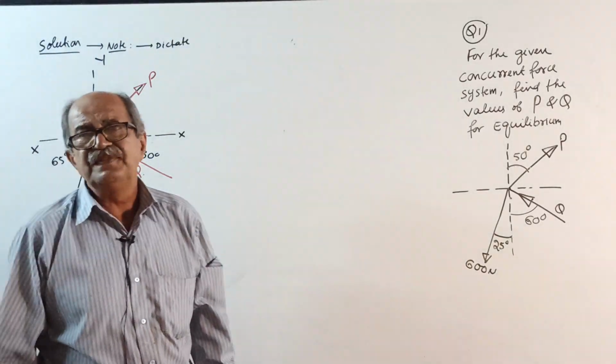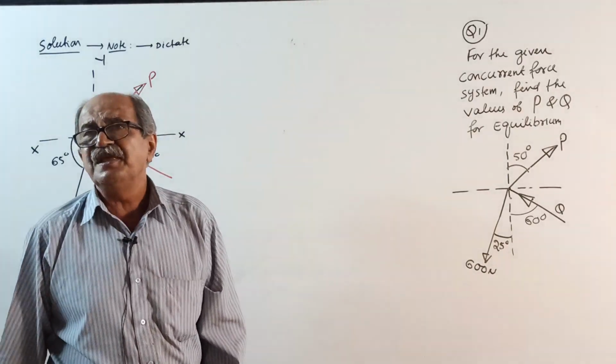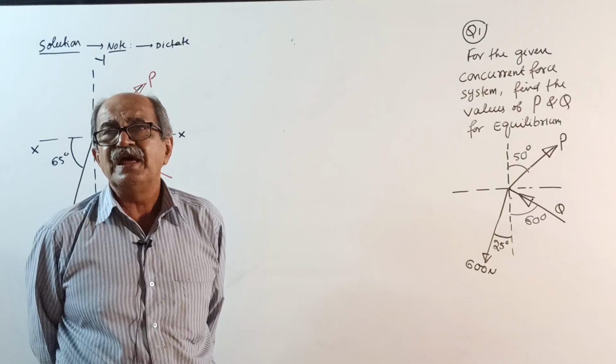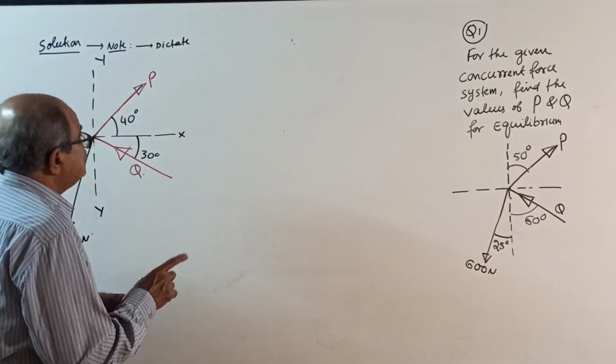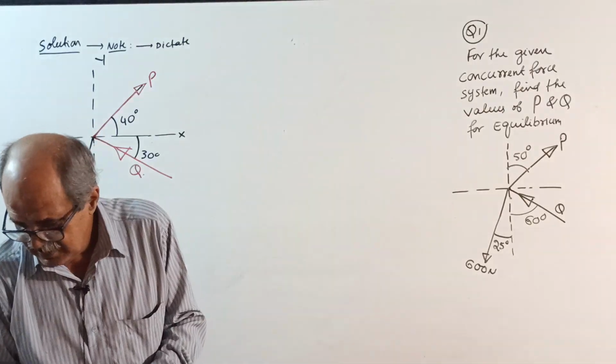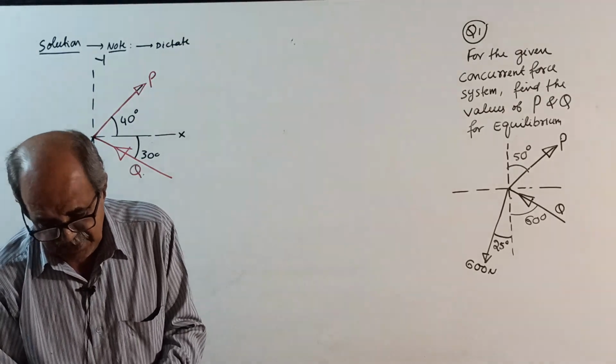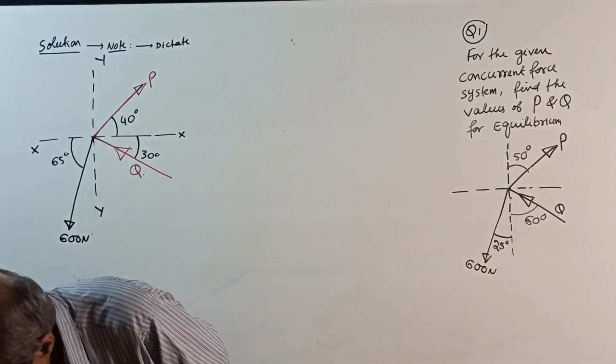If I explain further, you should switch off. Why? You should say he is wasting time. Now, just to understand the resolution of components, which actually everybody knows, I use a color.